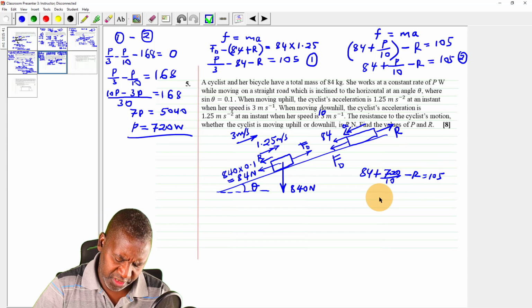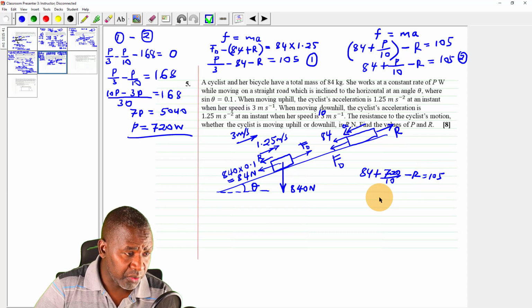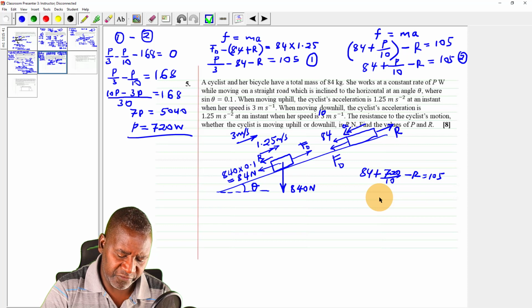This, of course, is 84 plus 72. That will give me 156.